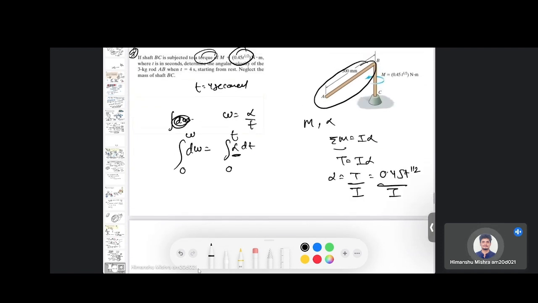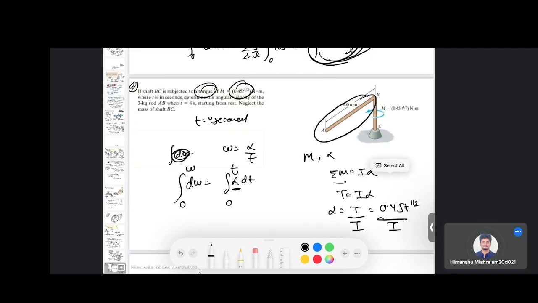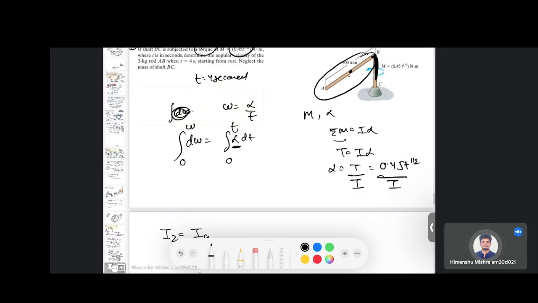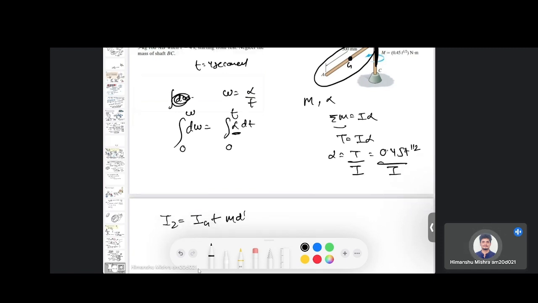And what will be the moment of inertia? We need to find the moment of inertia about point Z. This will be the moment of inertia of rod AB about its centroid plus the moment of inertia due to the distance, so we use the parallel axis theorem. IZ is the moment of inertia at the center of gravity G plus m d square.